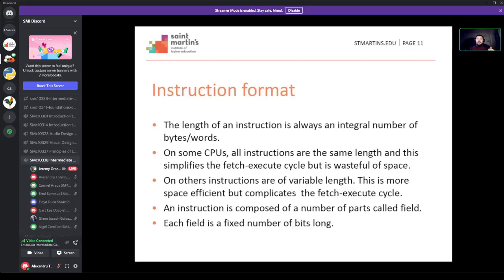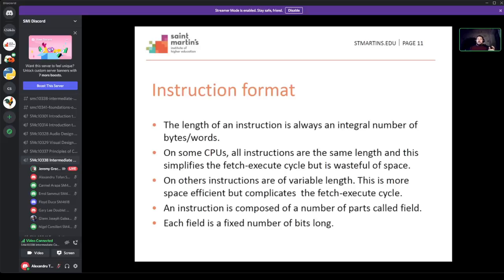This idea is used because it simplifies the fetch-decode-execute cycle. Essentially, it simplifies how you're going to be looking for the next instruction, because you're always going to look for the next instruction which is so many bits further away, or so many bytes further away, from your previous instruction. However, it also means that you're going to be a bit more wasteful in terms of space.